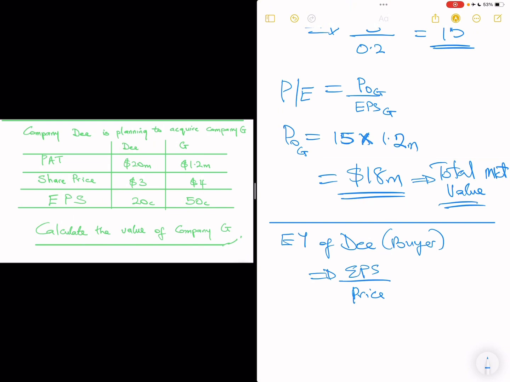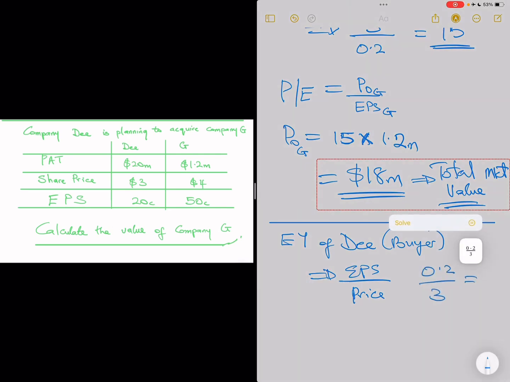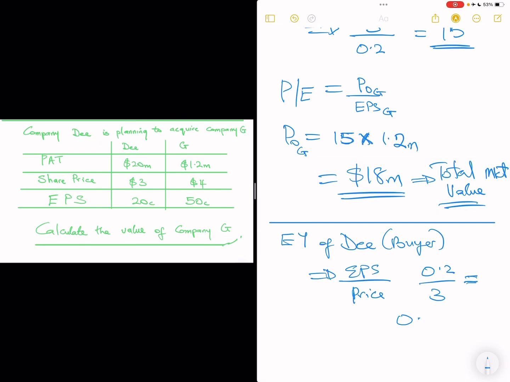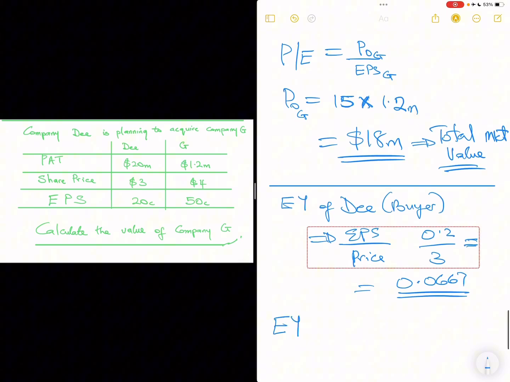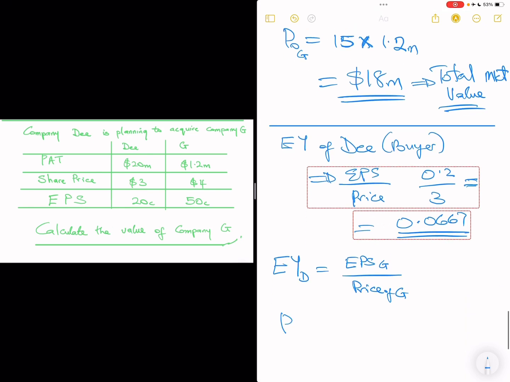So our earnings per share of D is 0.2 and the price per share is 3, and that gives us 0.2 divided by 3, which is 0.0667. And we know that the earnings yield of D is equal to earnings per share of G divided by the price of G.